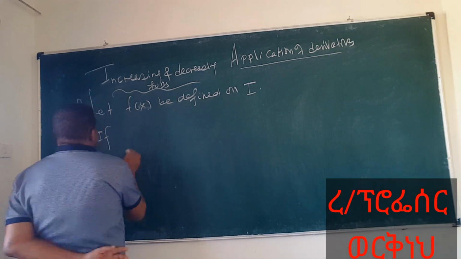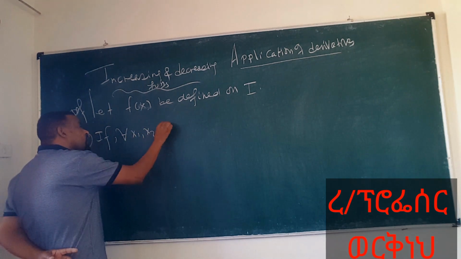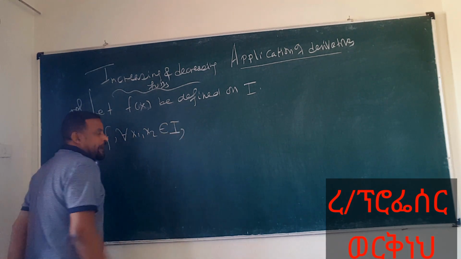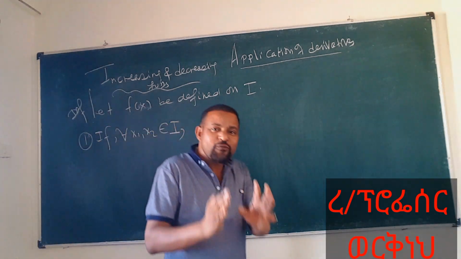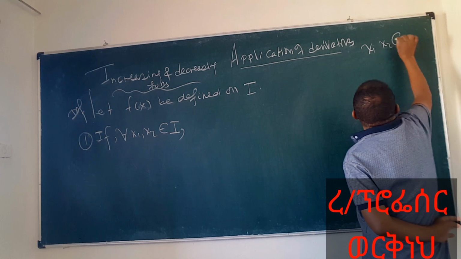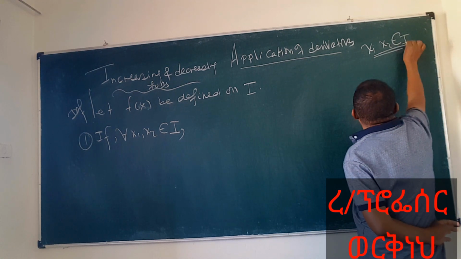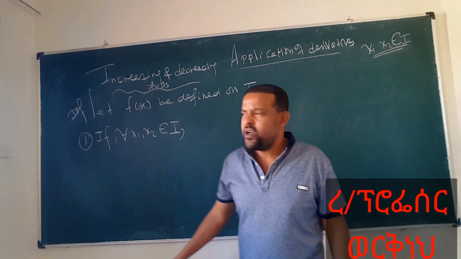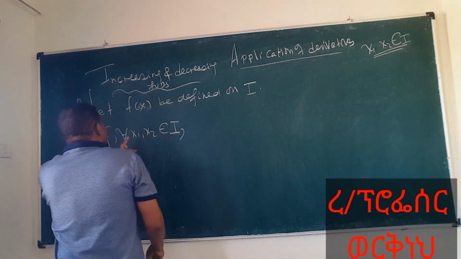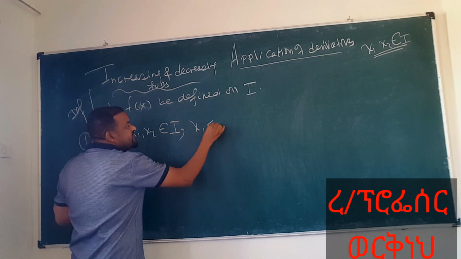So if for all x1 and x2 coming from the interval I. Note that we take x1 and x2 from the interval I. So if for all x1 and x2 coming from I, look, x1 less than x2.